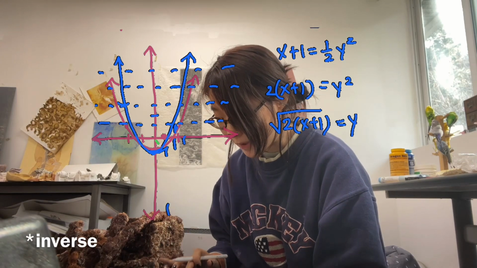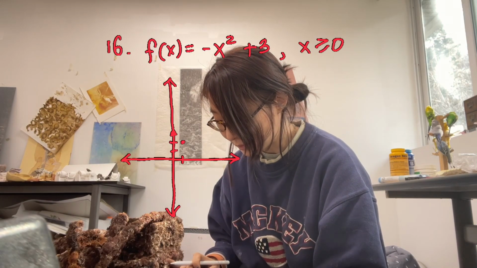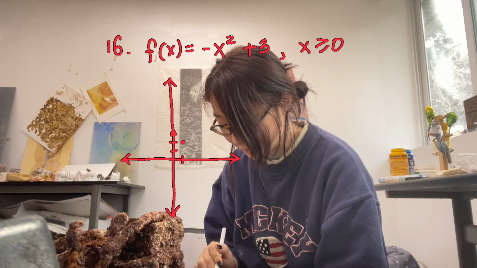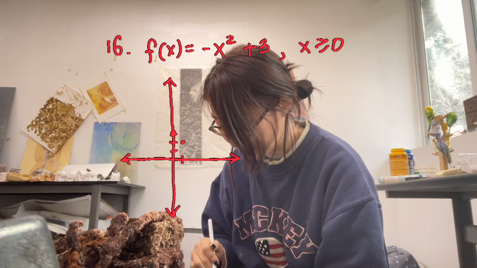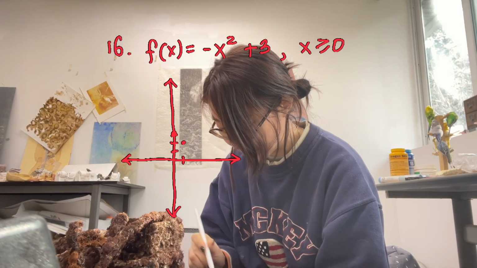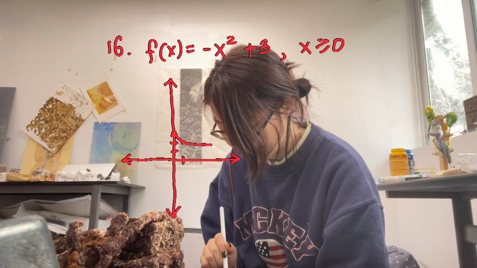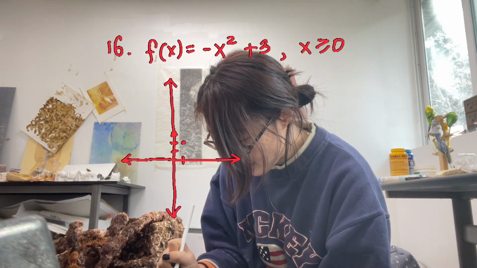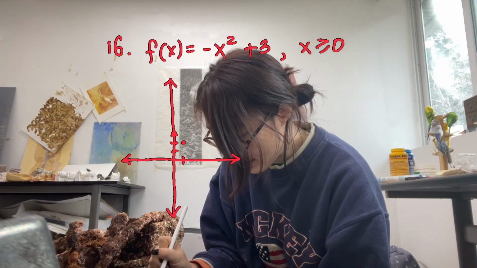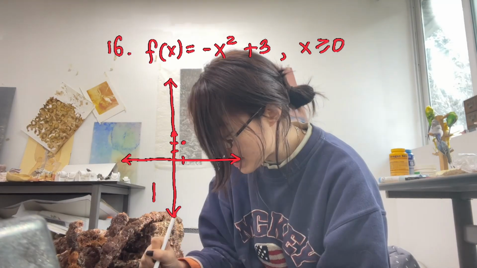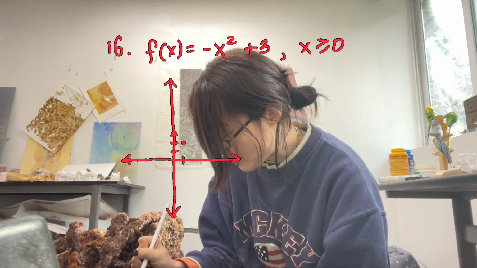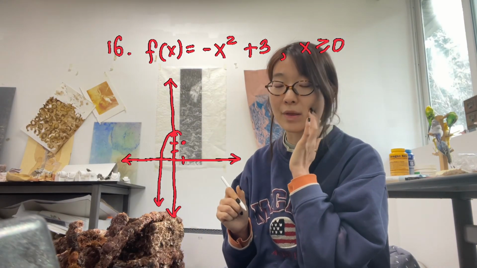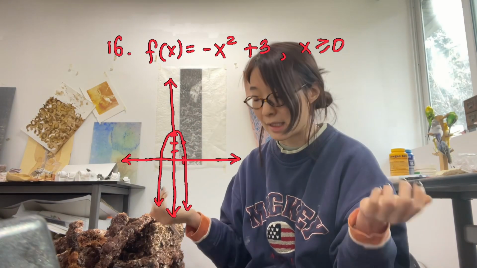Take a look at number 16. We have negative x squared plus 3. And this time they've specified our domain to be x being bigger than 0.